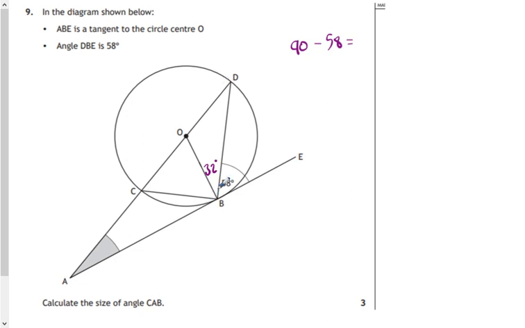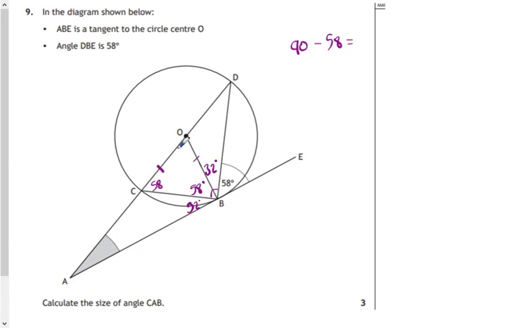CBD is also 90 degrees, and we already know that that's going to be 58 degrees in here, which tells us then that this is also 32 degrees in here, just following this pattern round. Now, carrying this on, we know that if that's 32 degrees, since this is 58 degrees, since that is a radius and that is a radius, this must also be 58 degrees. 58 and 58 are 116.